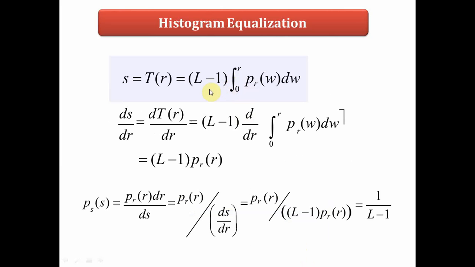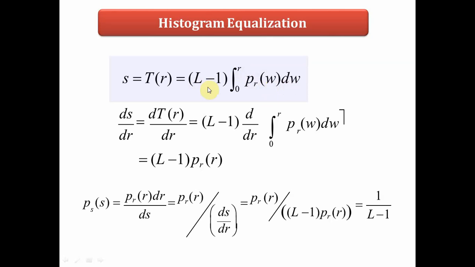The density function has values from 0 to your input value R, that is the gray level value, and you have the density function for the gray level P_R(W) dW over the area W. This is the standard density function for the given input image.